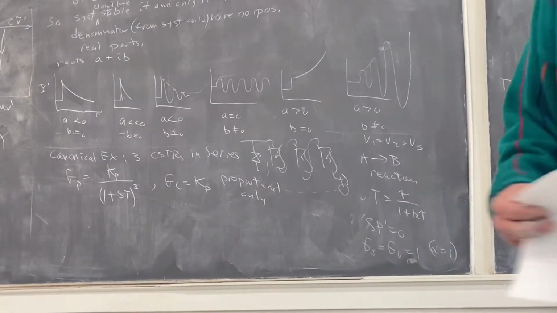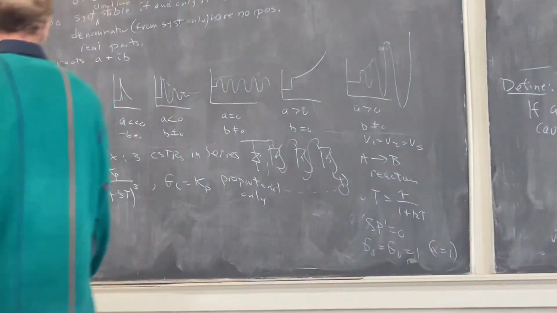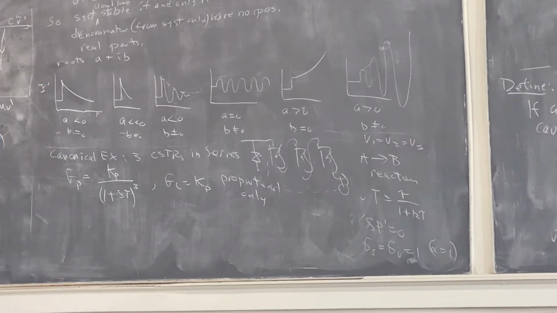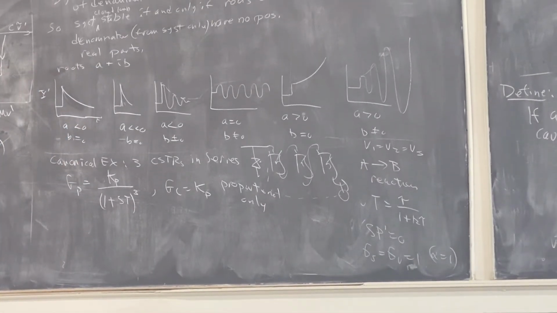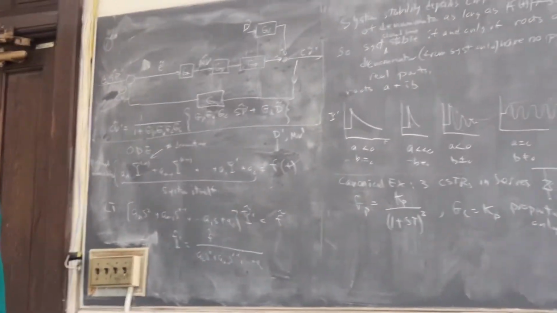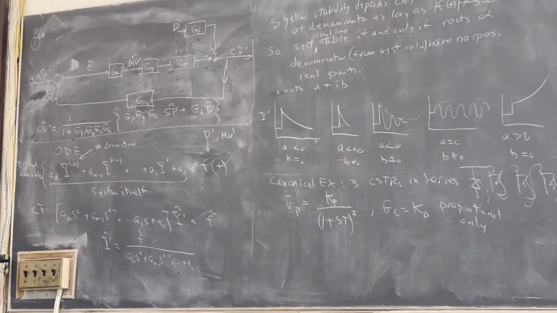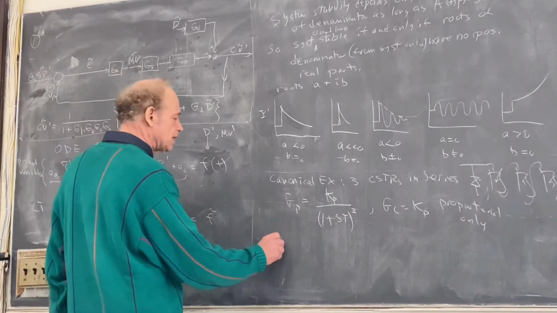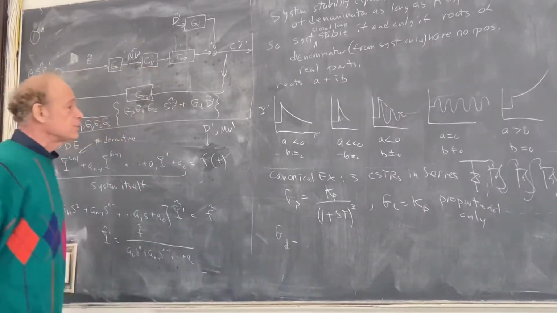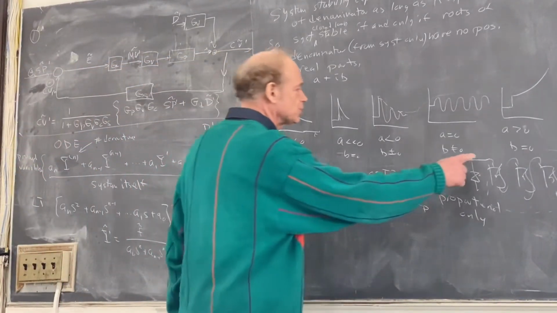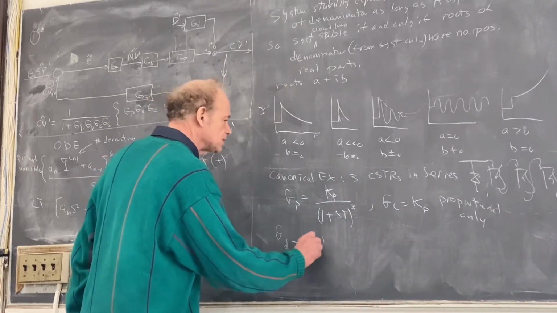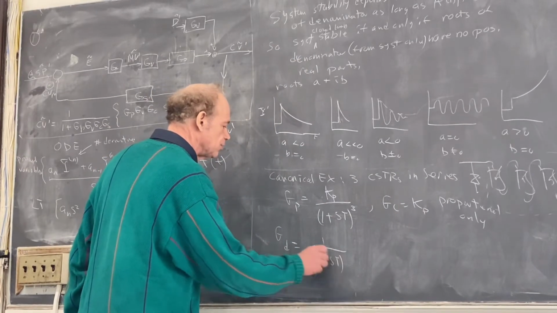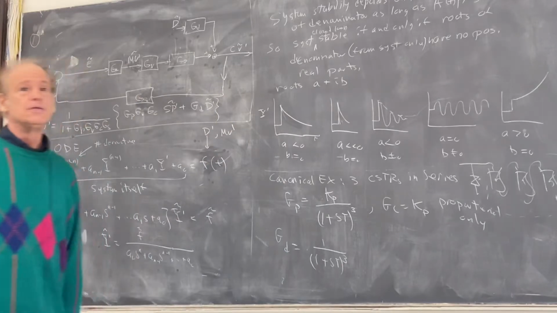The idea here is to look at the roots of the denominator. The denominator is 1 plus GP, GV, GC, GS. In this case, I'm going to assume that the disturbance is also at the entrance, and GD is just 1 over 1 plus S tau, cubed.